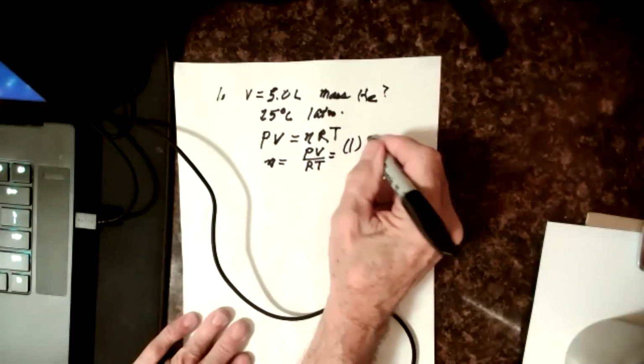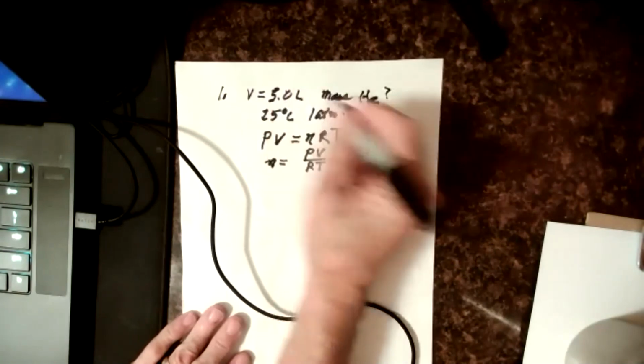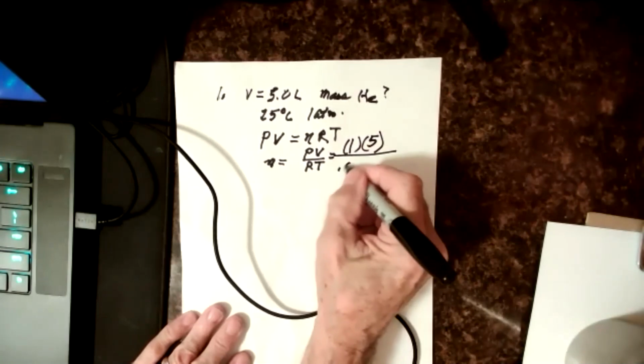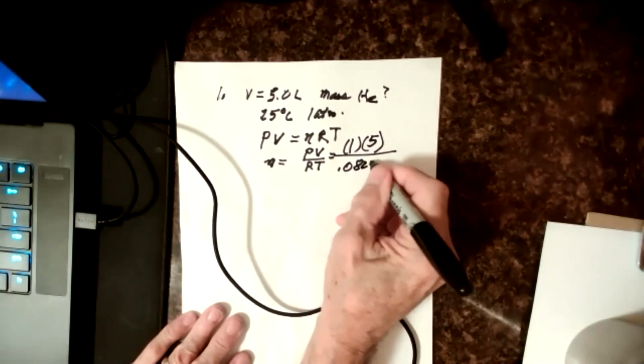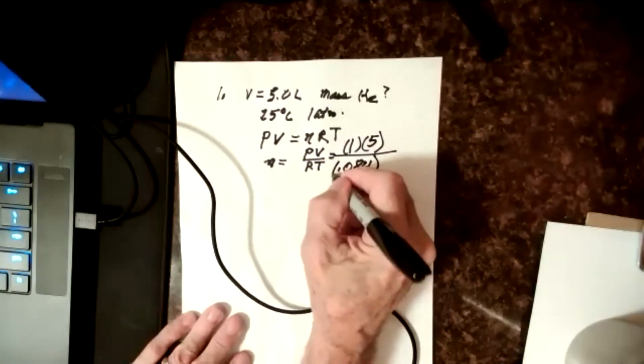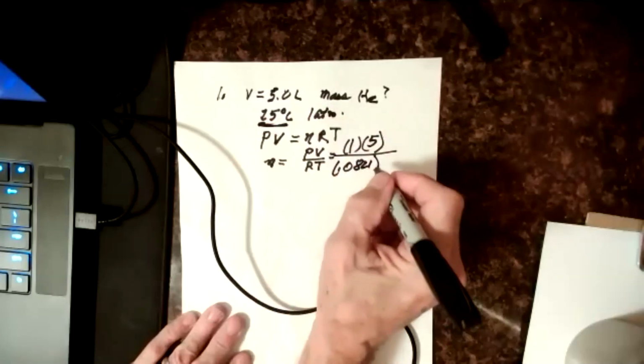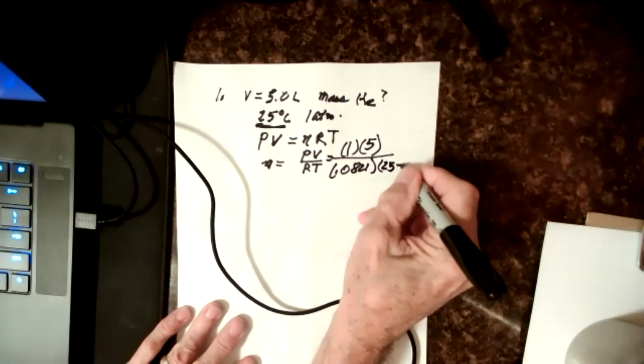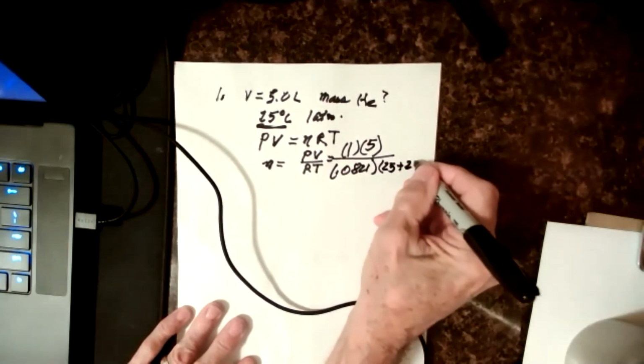Okay, that's good. The volume is 5 liters. R is 0.0821. And the temperature, always remember, that has to be in Kelvin. So it's going to be 25 plus 273.